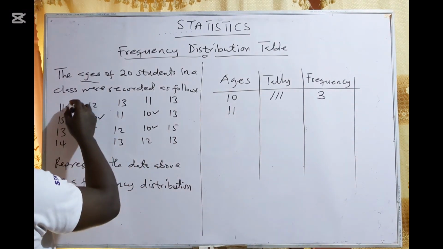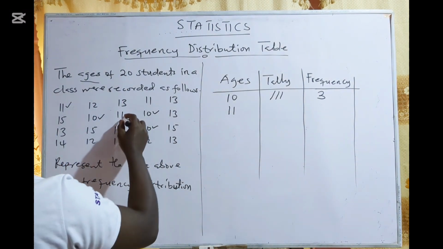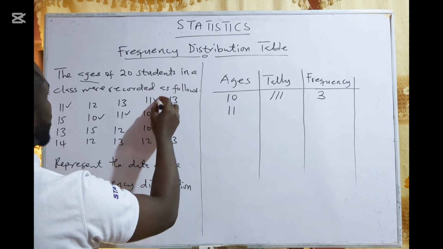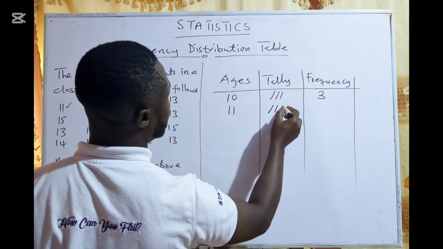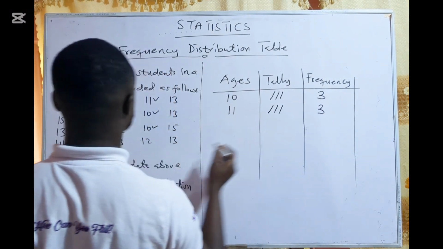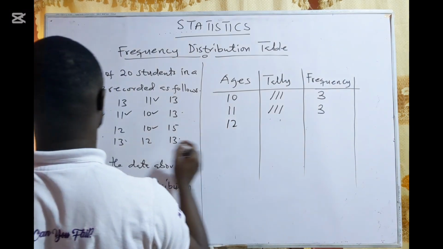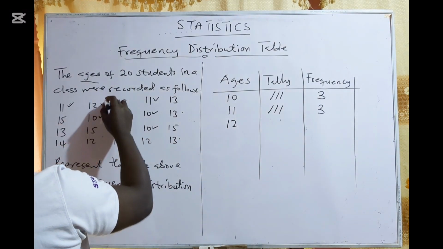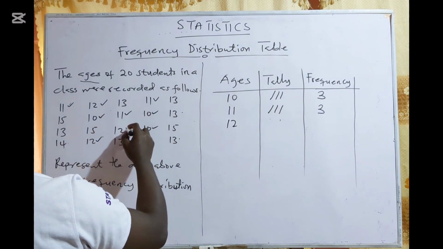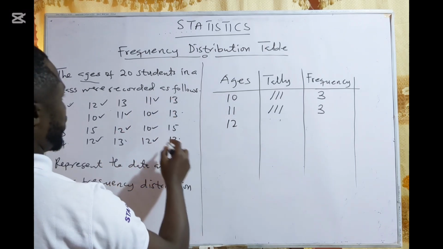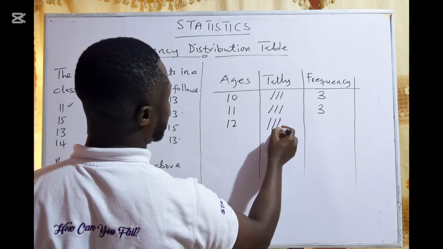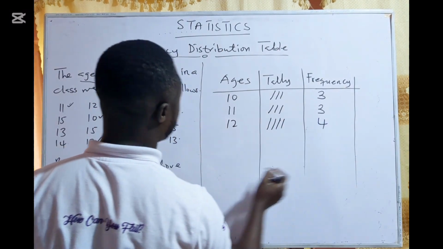How many 11s? 1, 2, also 3. You see. So you come to 12. 12: 1, 2, 3, 4. You make sure that you count them very well.